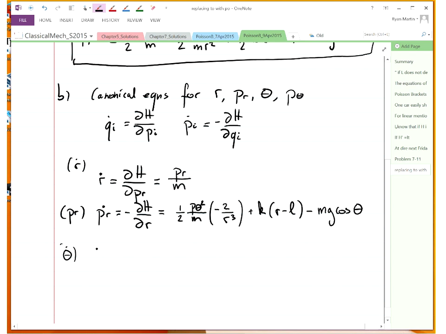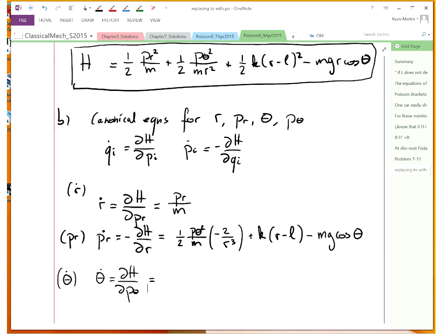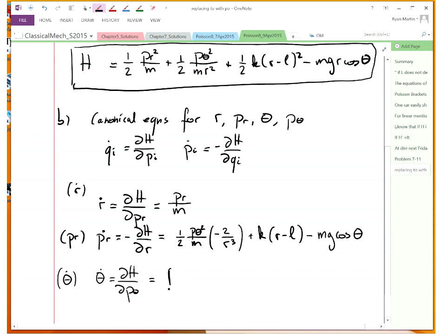Then we want theta dot. So theta dot is given by ∂H/∂P theta. So if I look at H, there's only one P theta in there. So ∂H/∂P theta is just going to be P theta over MR squared.